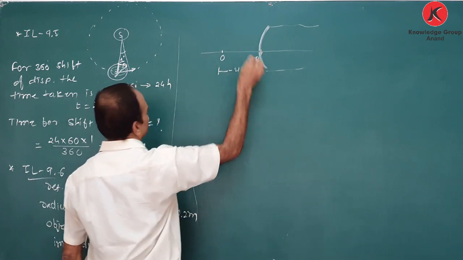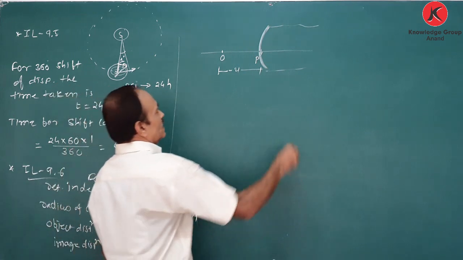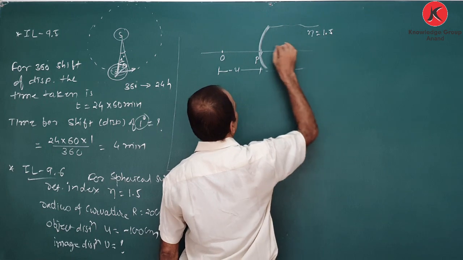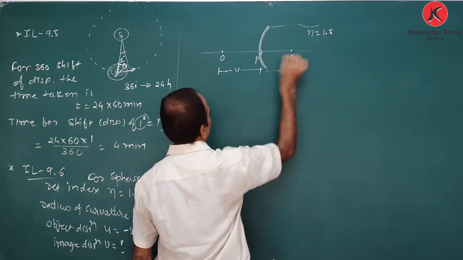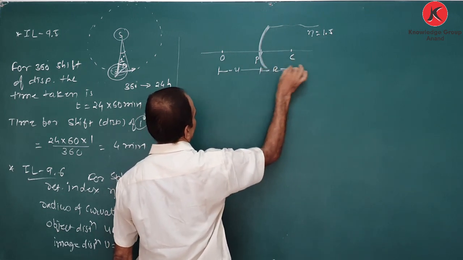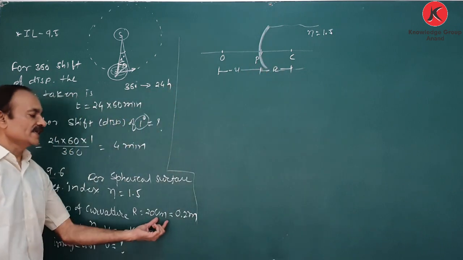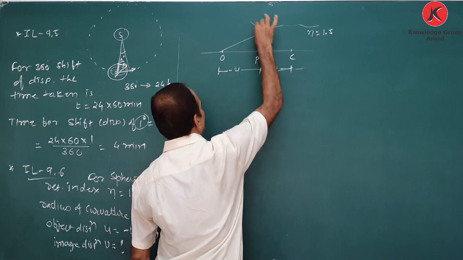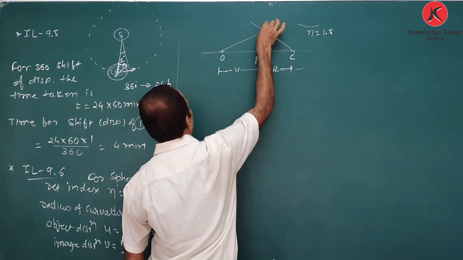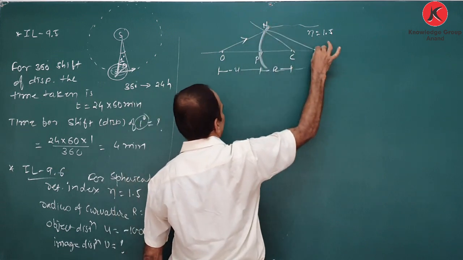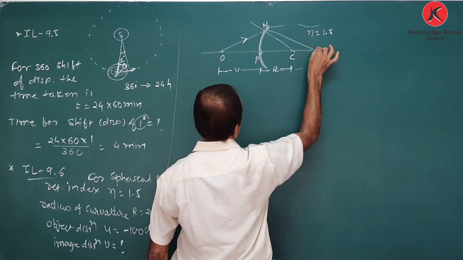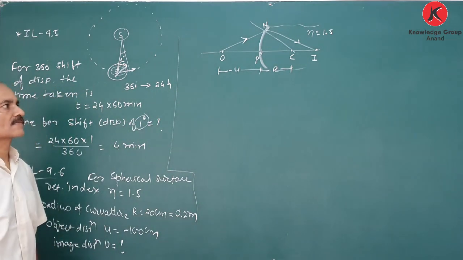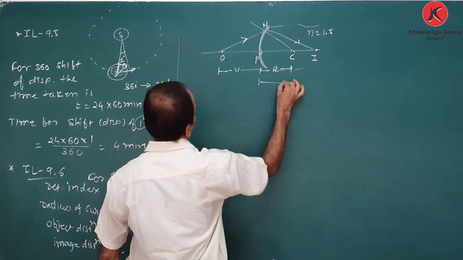There is the pole P. Here the refractive index of this medium is 1.5 and the center of curvature is this point C. That is R, which is given as 20 centimeter. The ray incident at point N1, after refraction, meets the principal axis here. So the image is formed at this point. That is our image distance.